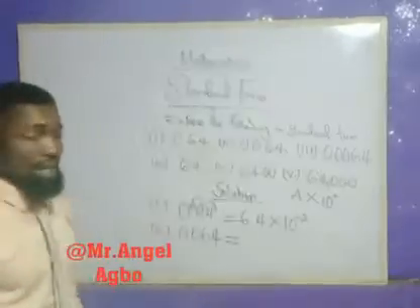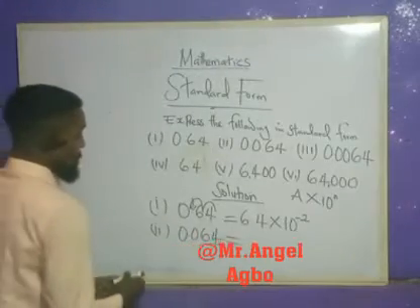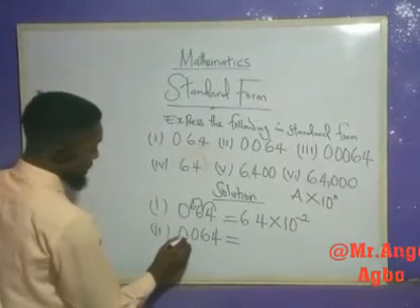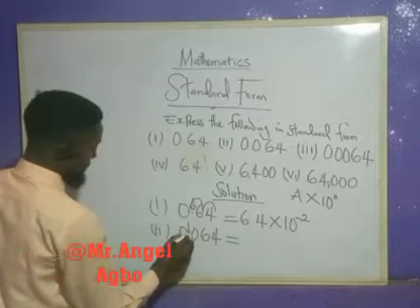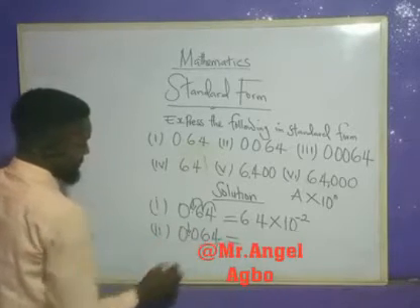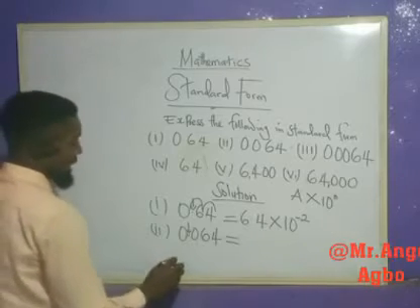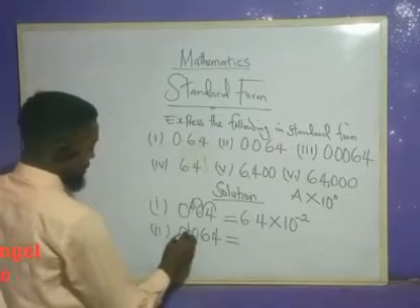I believe you understand. Now, where do we have our decimal point? It is here. Look at it here. So we are going to start counting from there to the right.